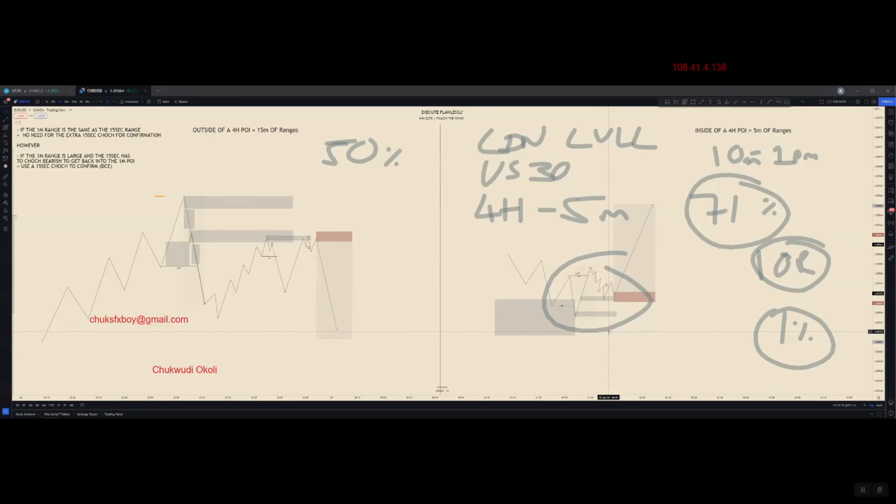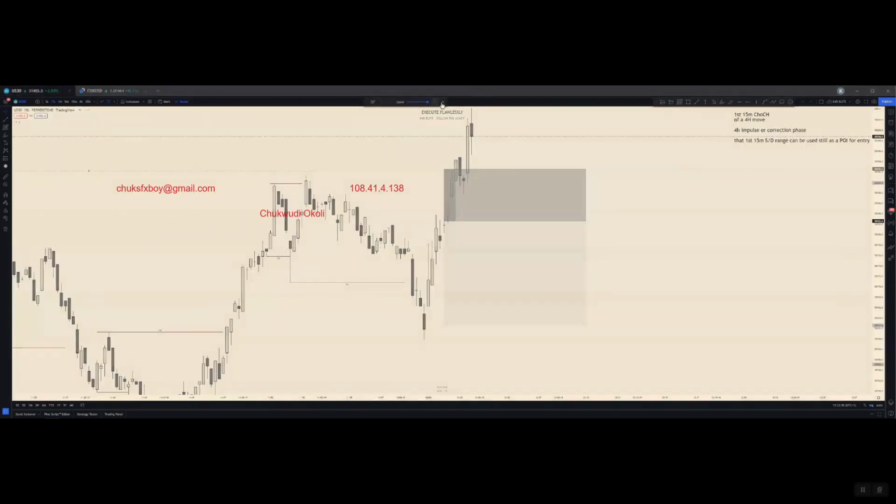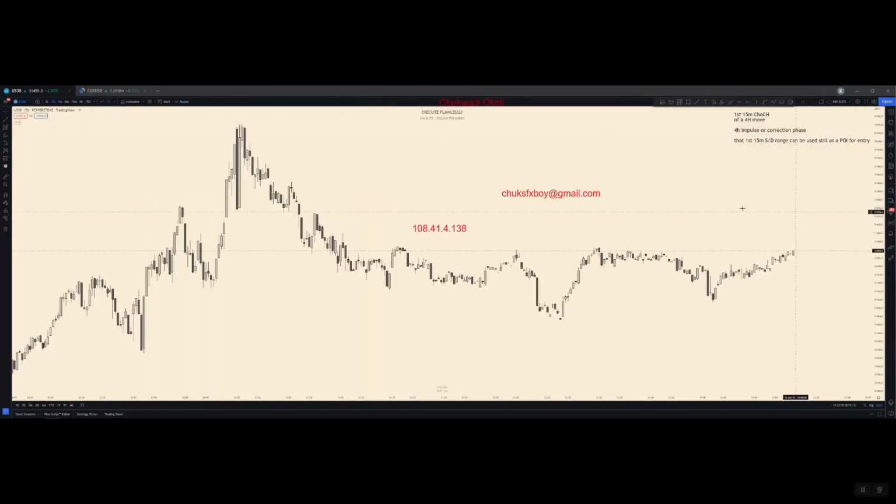There's no way you're just going to hit 100%, 70%, even 50% straight away when you're learning. But over time, when it comes to consistency, like showing up every day, executing, following the plan, don't deviate, don't make human errors, because we all make some mistakes, like marking up the wrong ranges, not marking up the chocks properly, the 1 minute chocks and 15-second chocks, the inducement, forgetting some concepts.